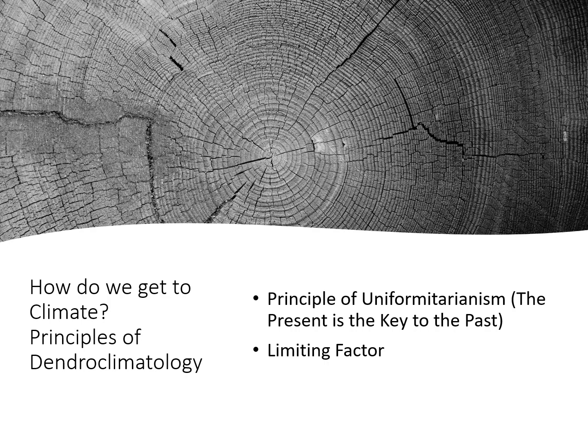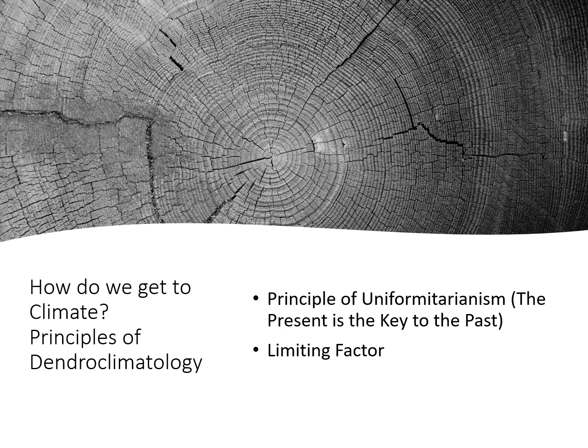There are 2 key principles that underlie dendrochronology. The first is the principle of uniformitarianism. This principle assumes that the relationship between climate and tree growth that exists today existed in the past. The second is the idea of a limiting factor.